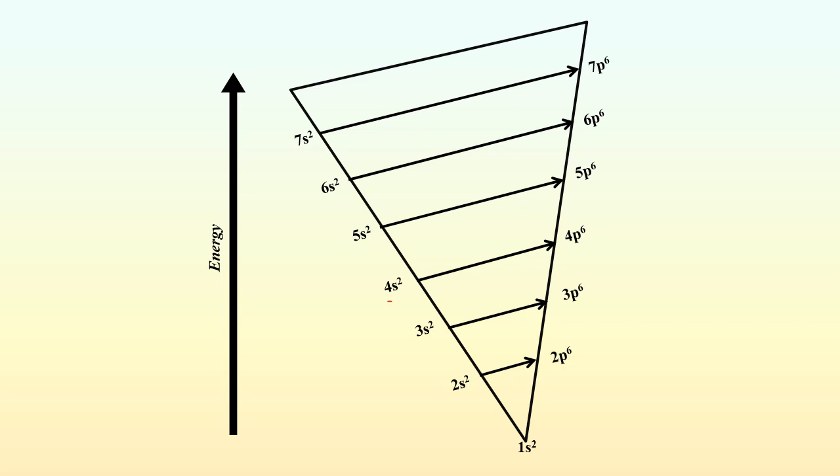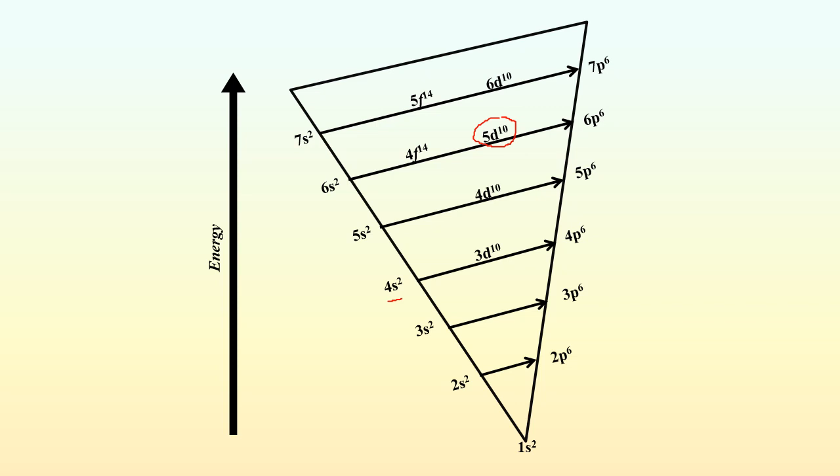After 4s there should be a 3d orbital, then 4d, 5d, 6d. Before the 5d orbital there is 4f and then 5f orbital.